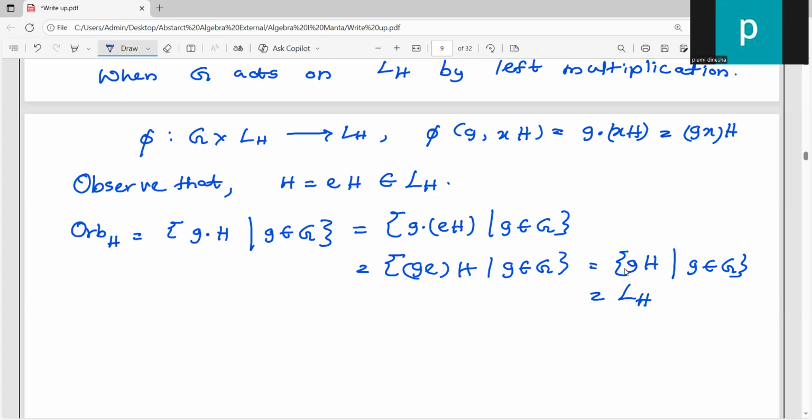So all of the elements that are in LH belong in this one orbit. What does it say? It says we only have one orbit, so the group action is actually transitive.